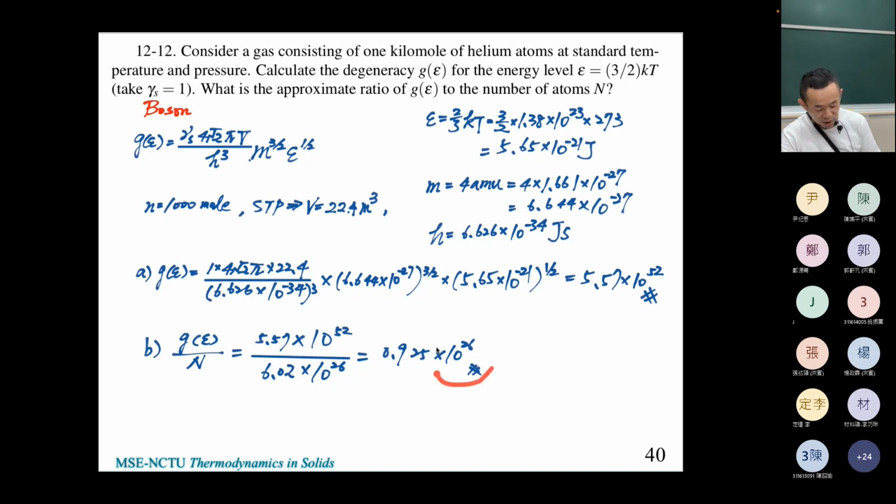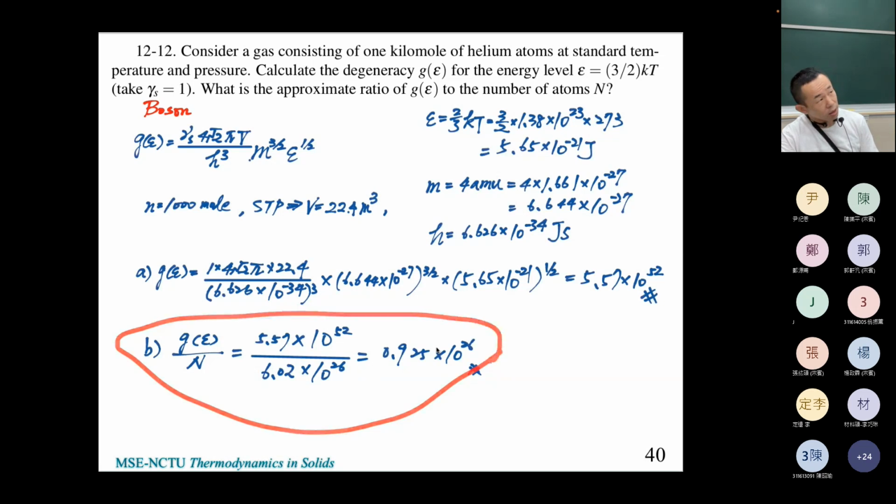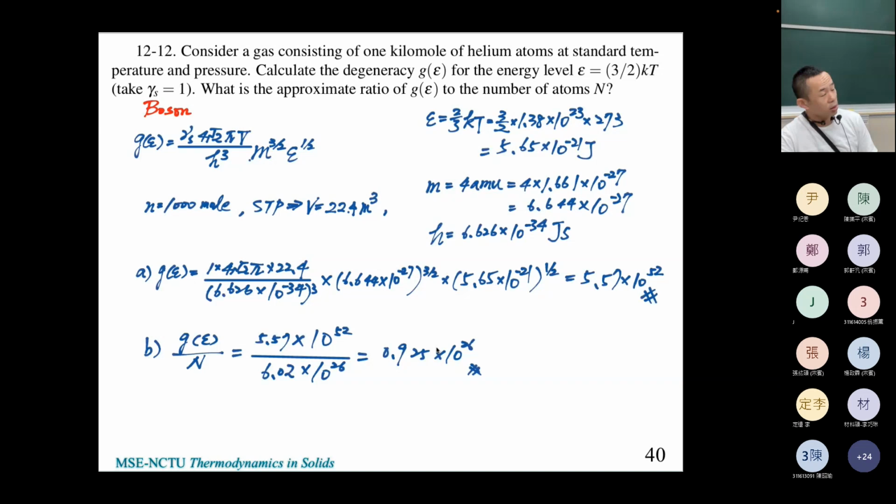Oh, so I forgot to tell you the meaning of the second one. Why does the problem ask us for the ratio between G and N? It means that for each particle, it has 10 to the 26 choices.